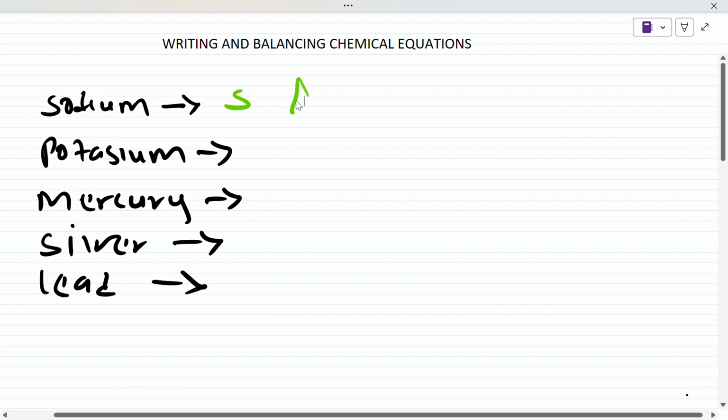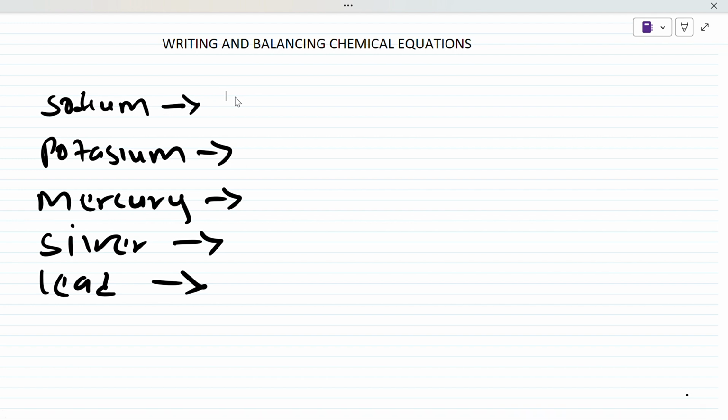They have symbols that are not derived from their English names, but from the first letters of their Latin names. So now, let us dig deep and see.